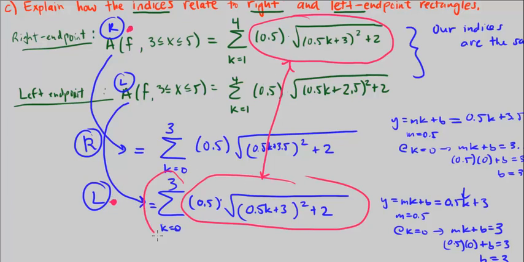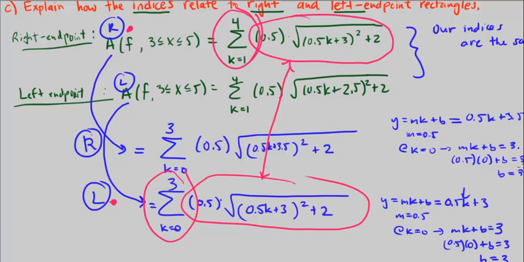If I change the indices, that's the only thing that's changing. Using right endpoint, I'm starting from 1 to 4. Using left endpoint, I just subtract 1 from these and I get from 0 to 3. Okay? So that is pretty standard too.